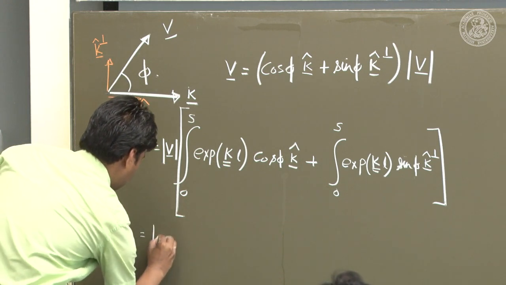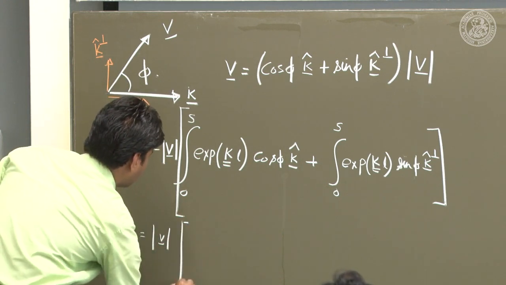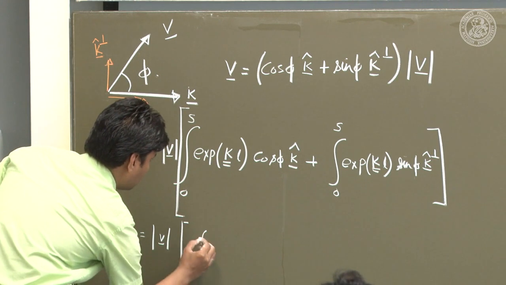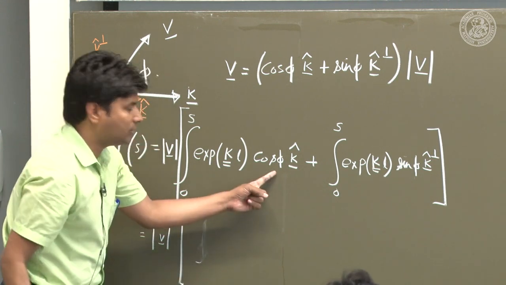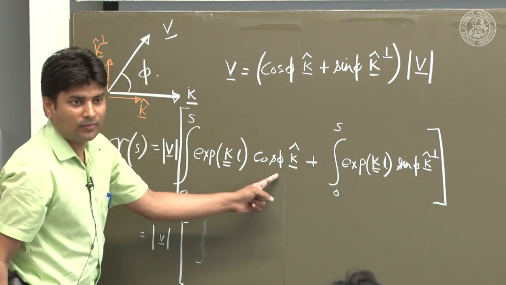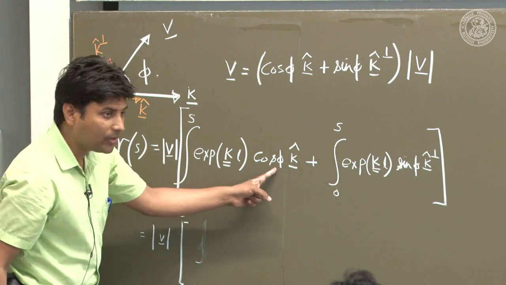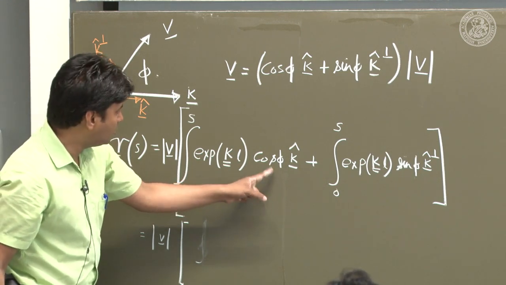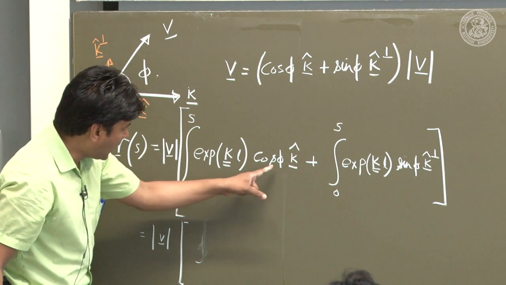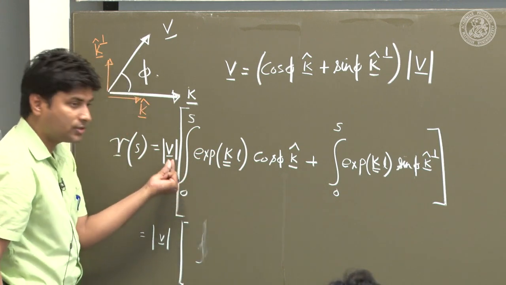This is same as magnitude of V. See, cosine of phi is a constant. Phi does not depend on L, so it can come out of the integration.